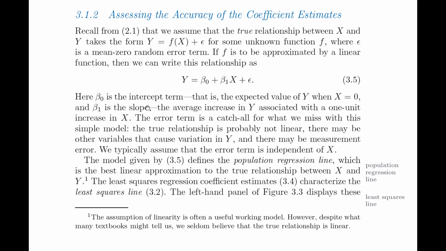Here, beta naught is the intercept term, that is the expected value of y when x is 0. Notice we're speaking about expectation. So think of rolling a dice with 6 sides numbered from 1 to 6. What is the expectation?